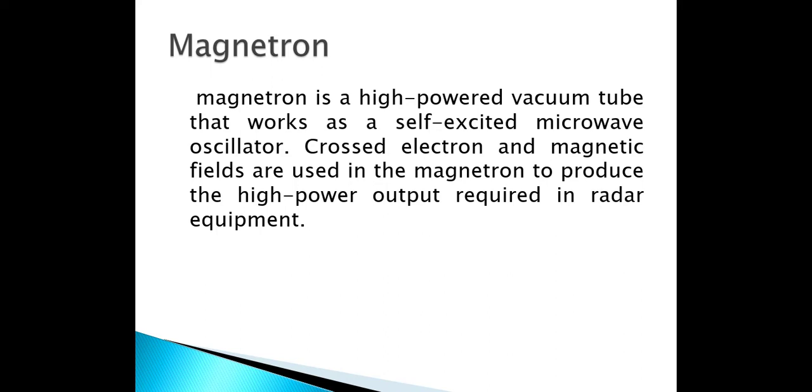This type is called M type, the magnetron. So here you can note the magnetron is the M type tube, whereas klystron, reflex klystron and TWT are O type tubes.